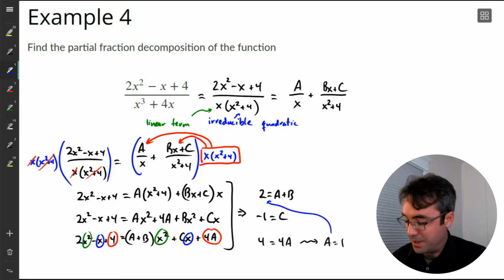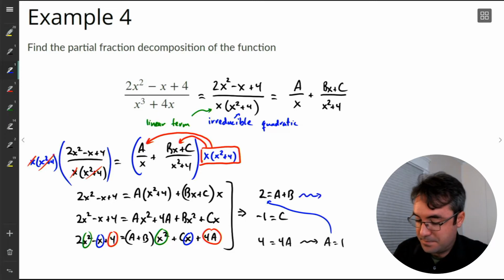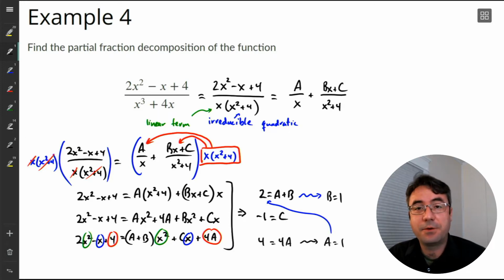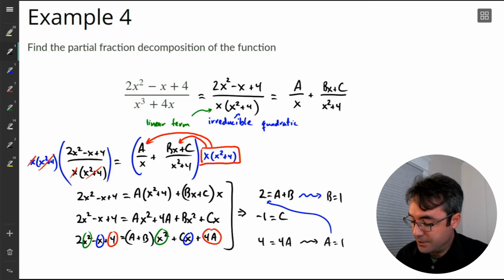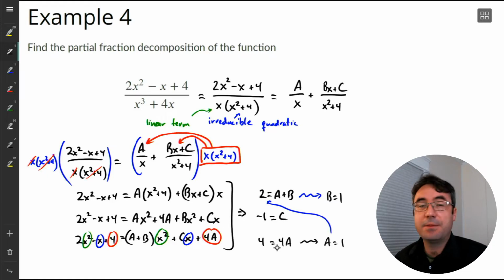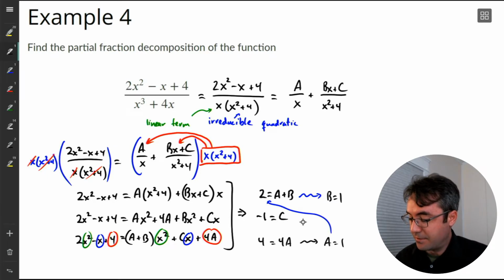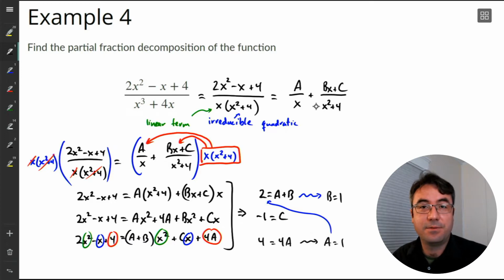So b is equal to 1. And there we go. We've compared the coefficients of x squared, x, and x to the 0, and we got three equations that we were able to solve for a, b, and c. And so finally, we just need to plug everything back in to actually get what the exact decomposition is.